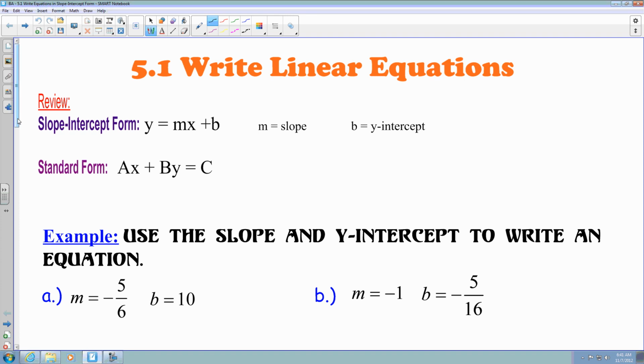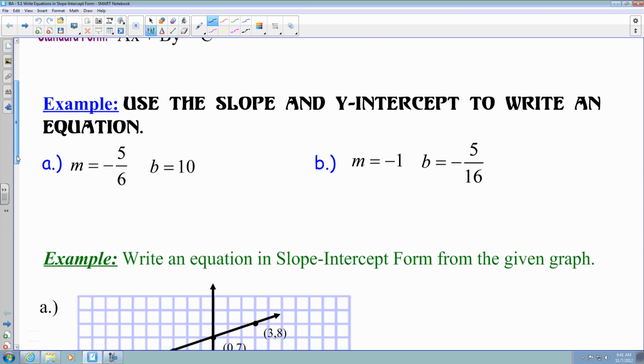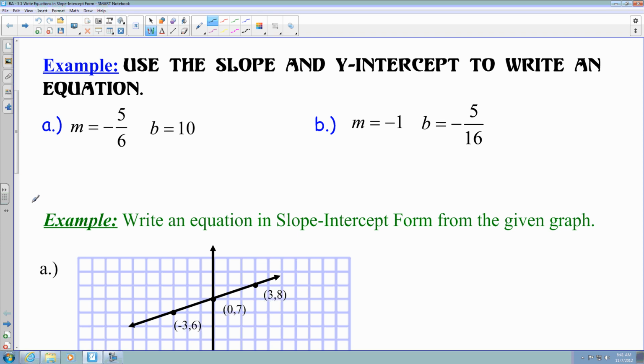So if we look down here, we have some examples. This is kind of what we talked about in chapter 4, but it's kind of the reverse. In chapter 4, they gave us the equation and they wanted us to determine the slope and y-intercept.